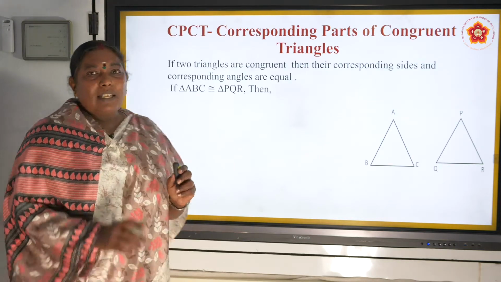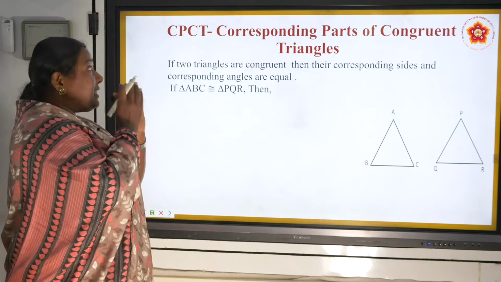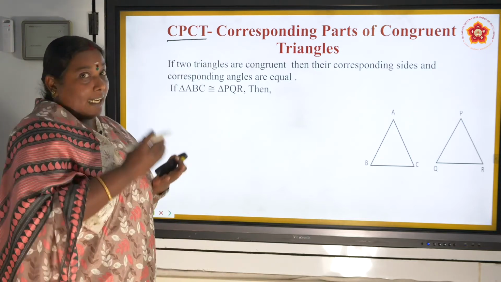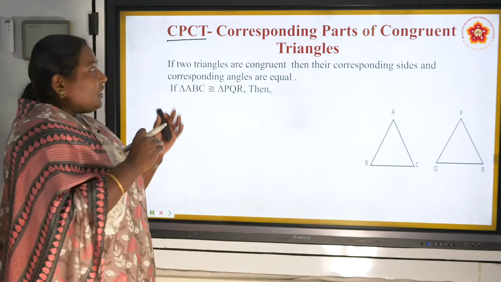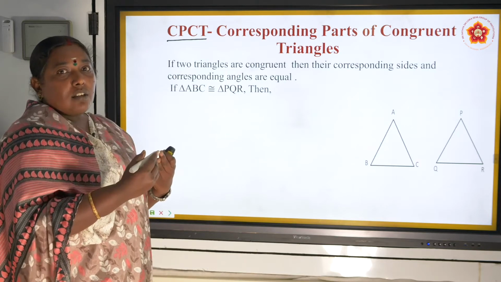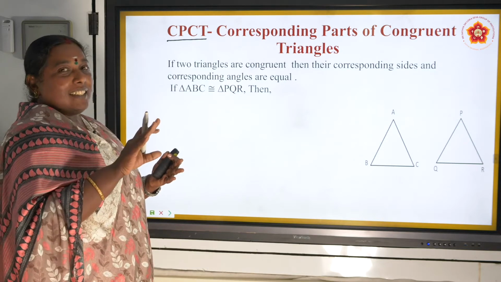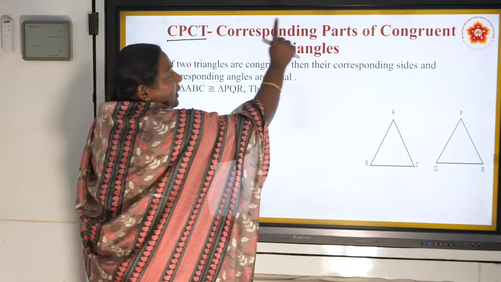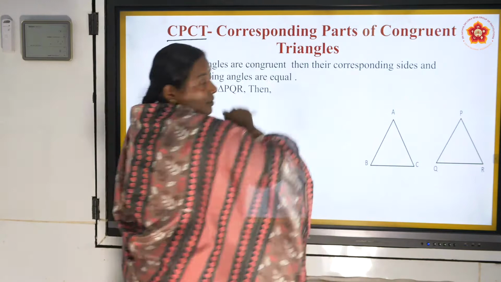Now, what is meant by CPCT? Please keep this word in your mind. You are going to use this word in 9th standard and also in 10th standard. First you will wonder what this word is about, but after using it, you will find that CPCT comes naturally. So let us see what is CPCT. Corresponding parts of congruent triangles.